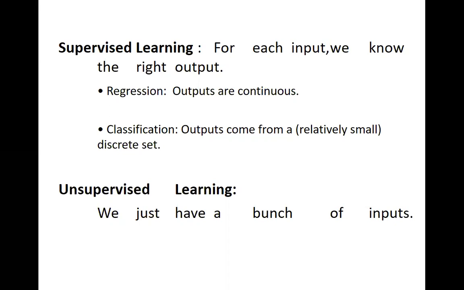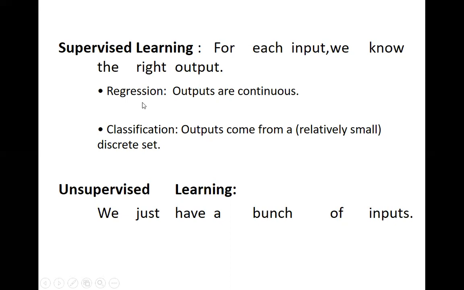For example, I have given an example previously also. If you want to classify the students into pass class, fail class, FCD, first class, second class, then we call that a classification problem. But if your output is like student percentage, that is 71%, 72%, 75%, 78%, that's a regression problem.